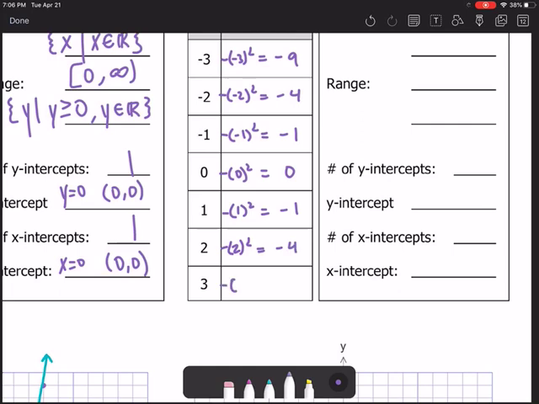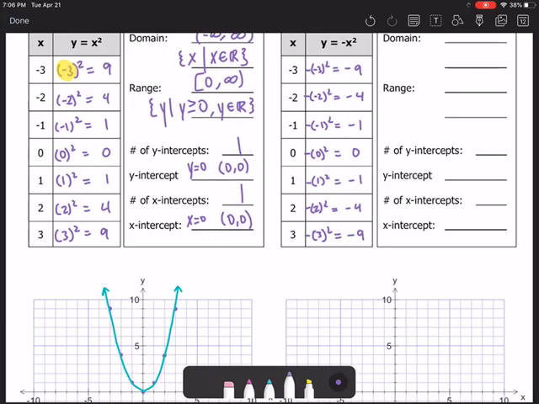And 3 squared, which is negative 9. So essentially the same numbers, except all negative, which can be anticipated because that's the only difference in the equation. It's the exact same equation with a negative slapped on in front.